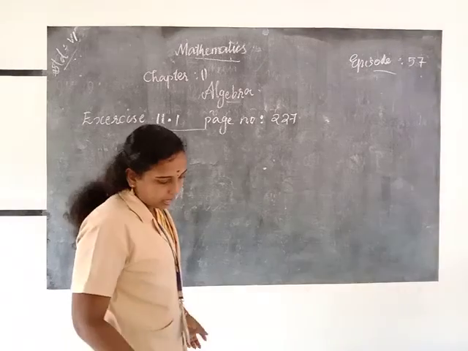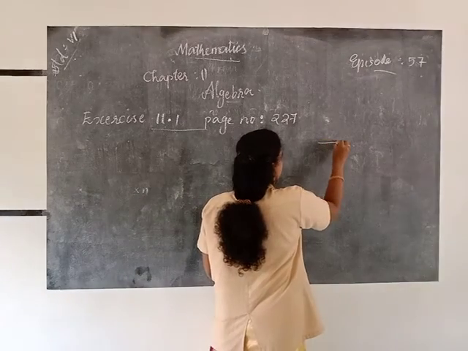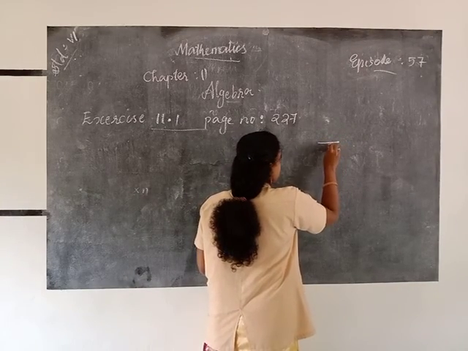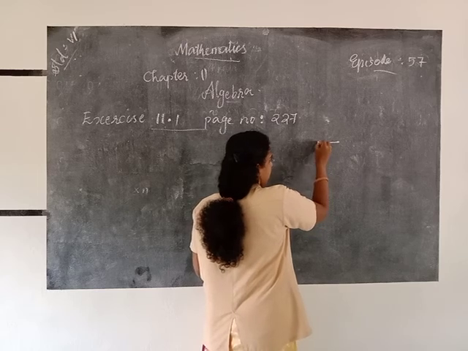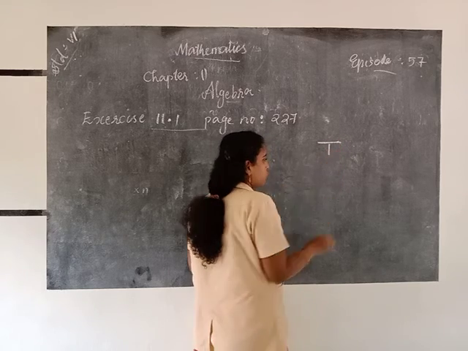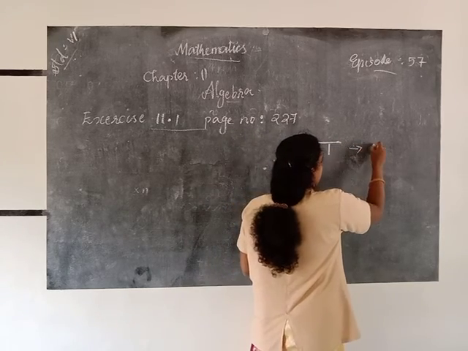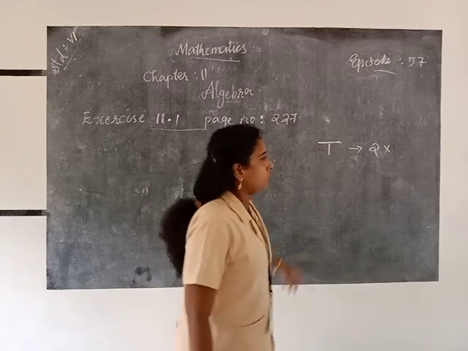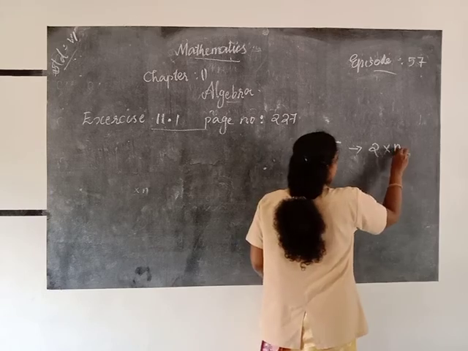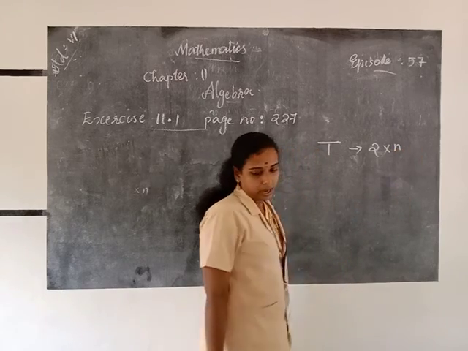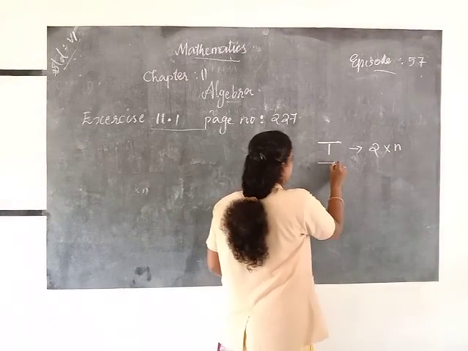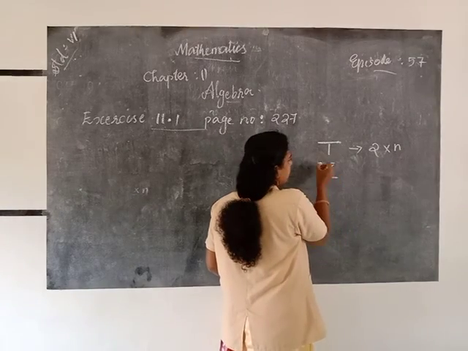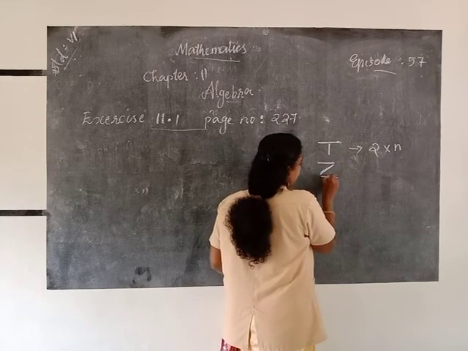In the first question, the first letter is T, and we use two matchsticks to make a letter T. 1, 2. So the rule is 2 into the number of T's, that is N. So 2N. The second letter is Z, and here we use 3 matchsticks.